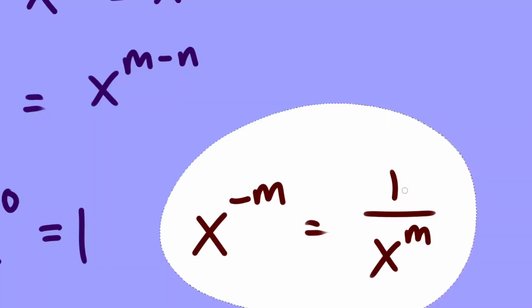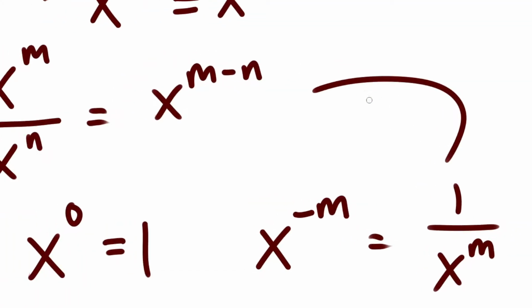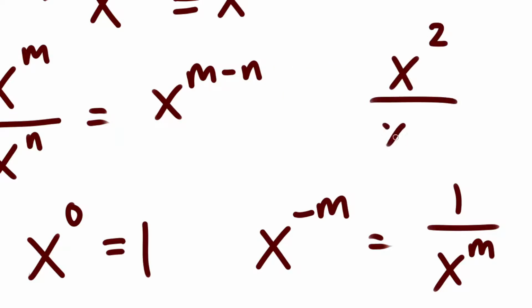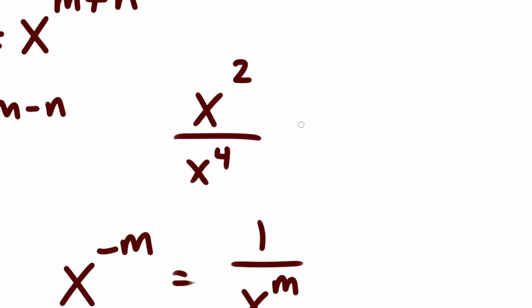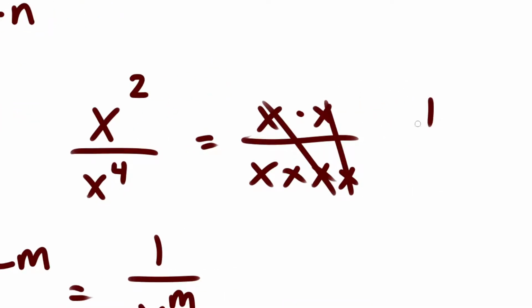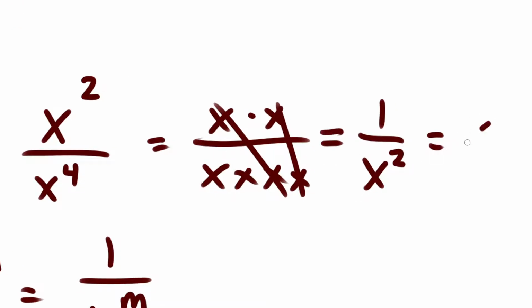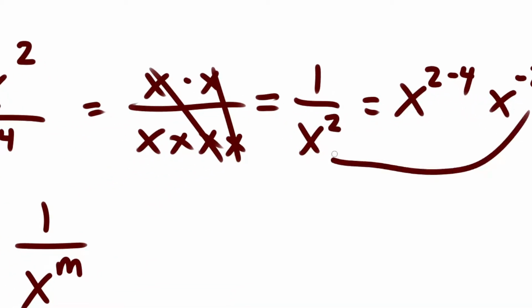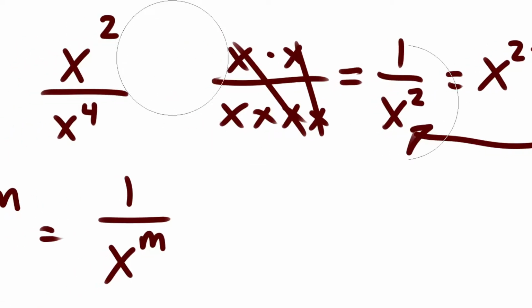You can reason your way back from this exponent rule with the fractions, because if you had x to the 2 divided by x to the fourth, that's exactly the same as x times x over x times x times x times x, and cross out, which leaves you with 1 over x squared. But that's also the same as x to the 2 minus 4, which is x to the negative 2. And so this equals this, basically.